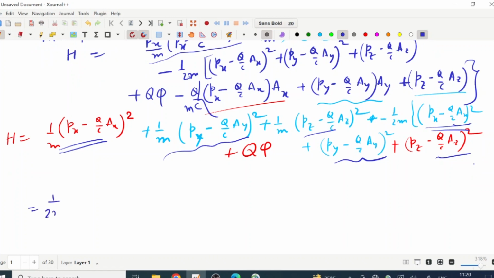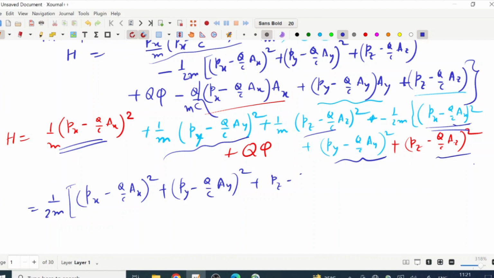If we combine this, we will obtain a very simple form. 1 over 2m times (p_x minus q by c A_x) whole square plus (p_y minus q by c A_y) whole square plus (p_z minus q by c A_z) whole square, that is all, plus q times phi, the scalar potential.